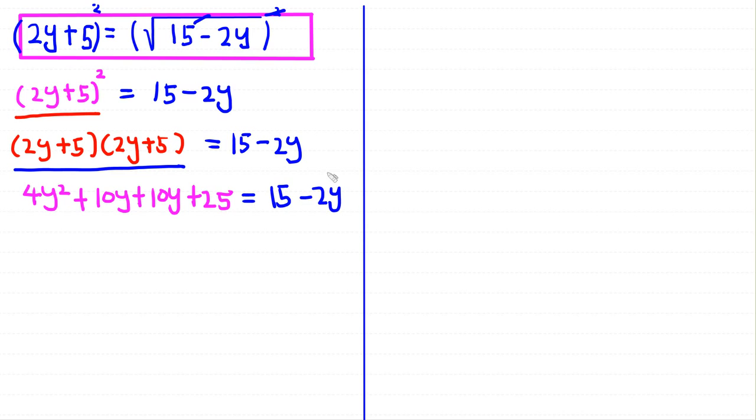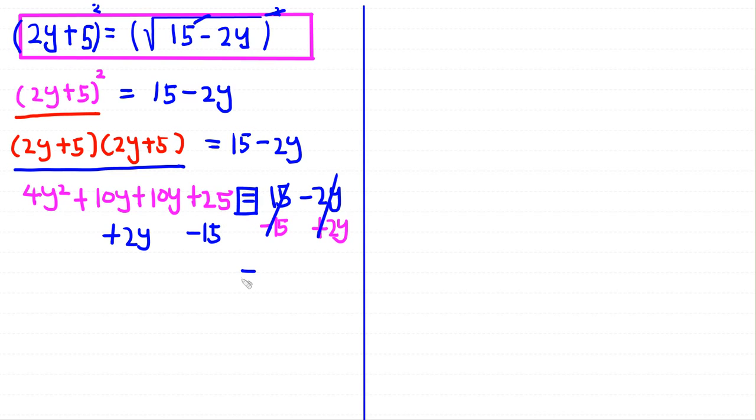We need to remove all the expressions on the right side, and the way to do it is add 2y and subtract 15. So on the right side everything will cancel out, but we also need to add 2y and subtract 15 on the left side to keep it equal.